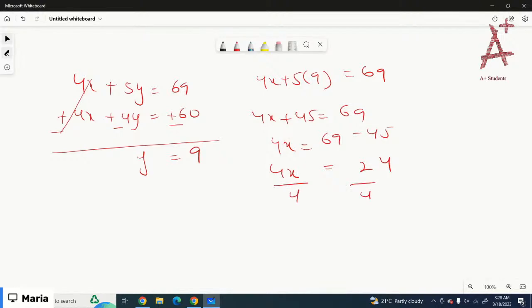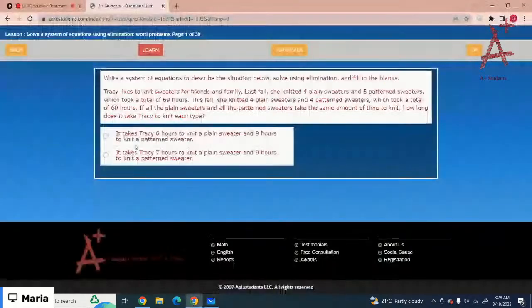So it would be 4 times 6 is 24. So x equals 6. Got it? So the correct option is 6 and 9. Got it? So the correct option is option 1. It takes Tracy 6 hours to knit a plain sweater and 9 hours to knit a patterned sweater. Got it?